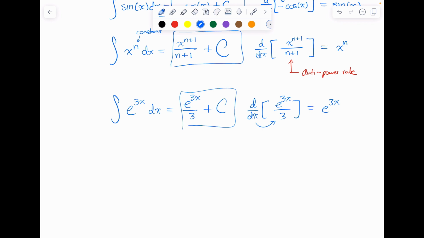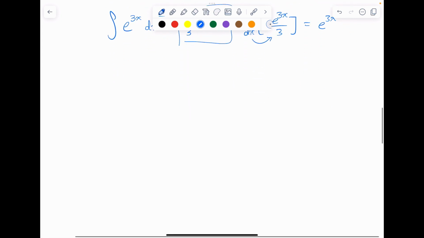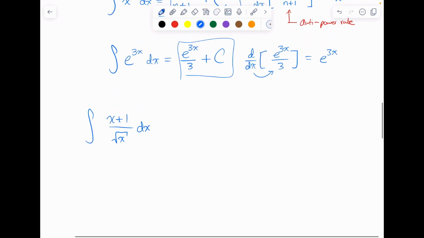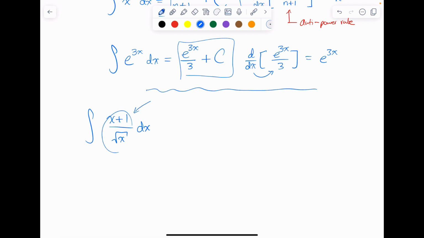Okay, cool. Let's do some other examples that are a bit trickier, a little more concrete. Let's do the integral of x plus 1 over the square root of x dx. If you play the game we did up here, it's going to be pretty tricky, because it's not super obvious what function, if I take the derivative, gives me this thing.